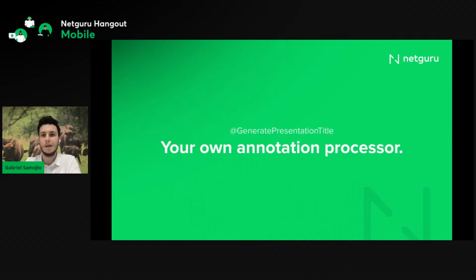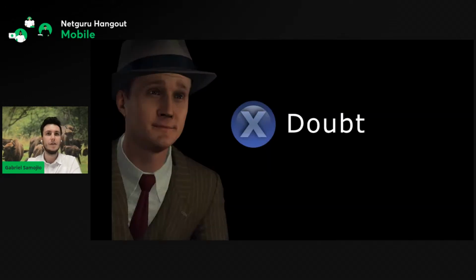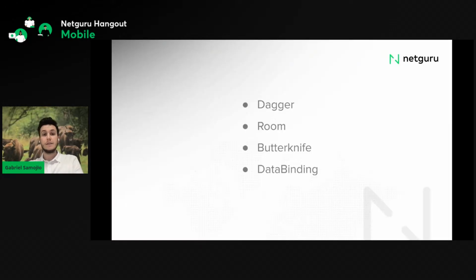It's a really interesting topic because those annotation processors are widely used. And maybe some of you will say, nope, I have never used it before. To be honest, I really doubt it, mostly because it's commonly used in a very large set of extremely popular libraries. Let's name a few.